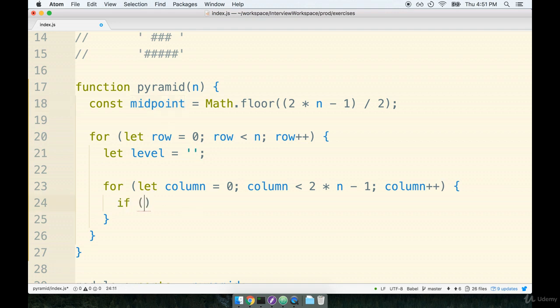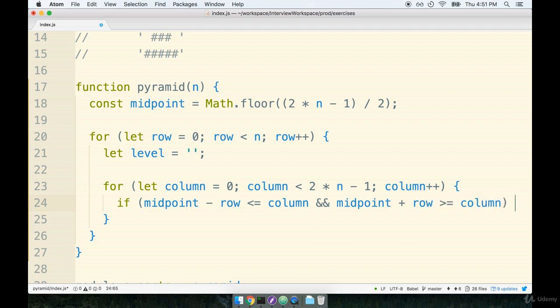So in code, that would look a little something like this. We'll say, if midpoint minus row, my mistake, is less than or equal to column, and if midpoint plus row is greater than or equal to column, then we want to add a pound.